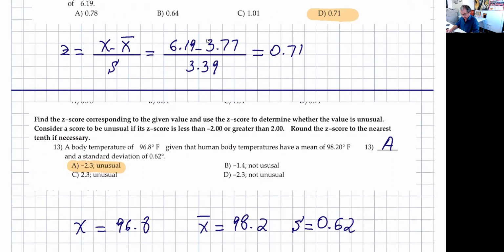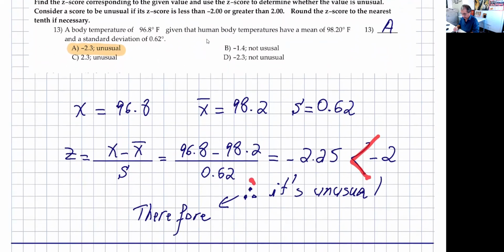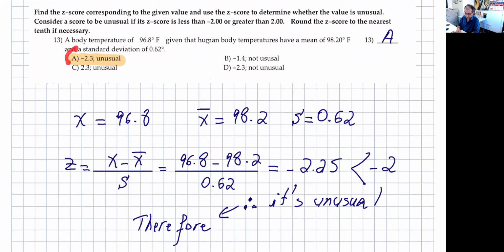So you find the z-score, x minus x bar over s. X is 96.8 minus 98.2 divided by 0.62, and you get -2.25, and that's less than -2. Therefore it's unusual. So A is the answer.